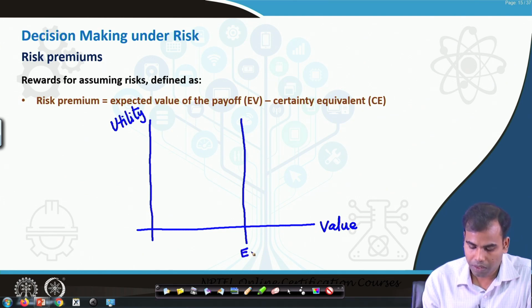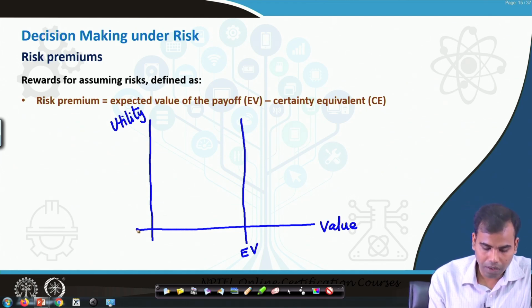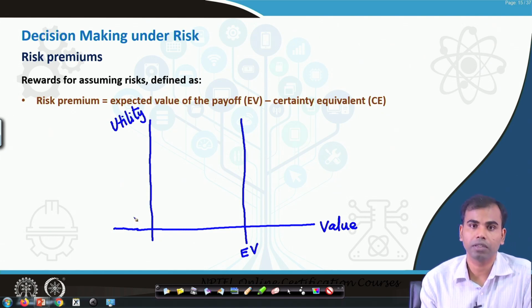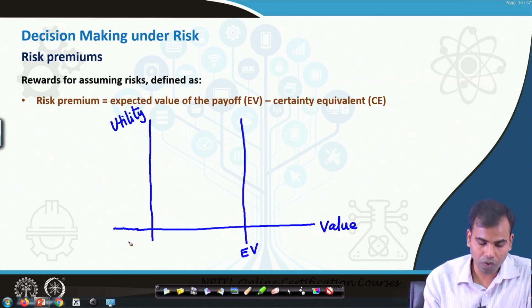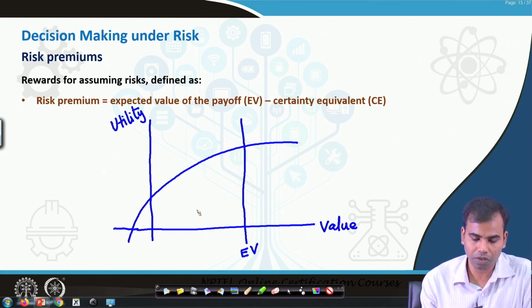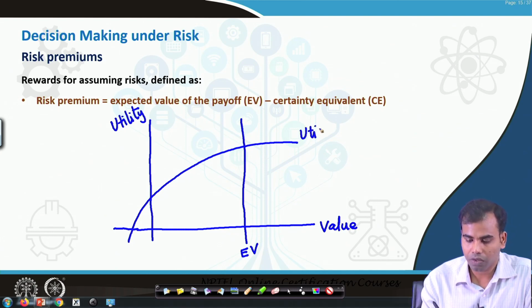This is basically the expected value of the payoff, and if we try to show the curve, which is basically the logarithmic utility function curve, it should look like this. We have seen that it is typically very similar to a curve like this. This is the utility curve.